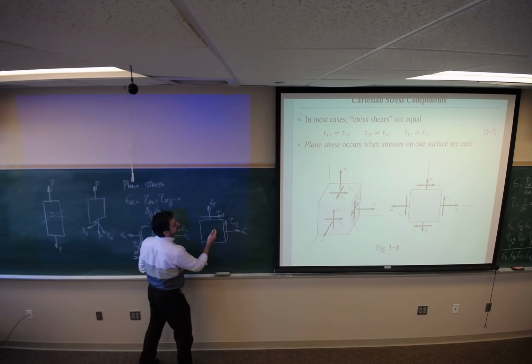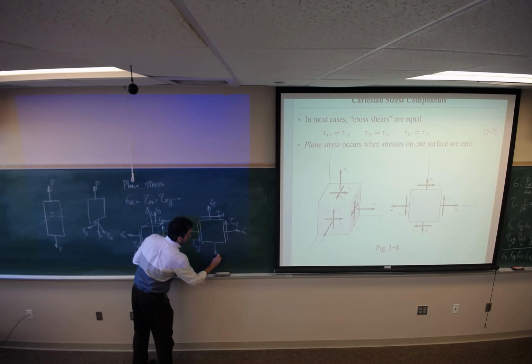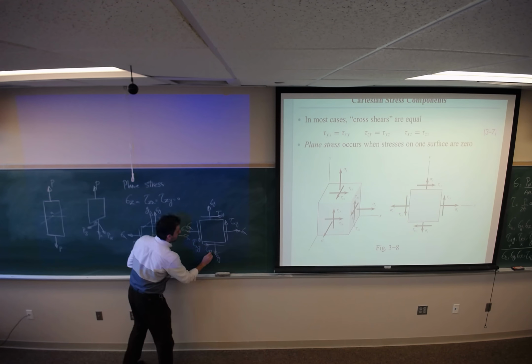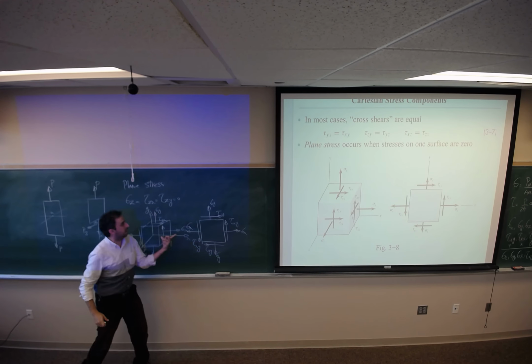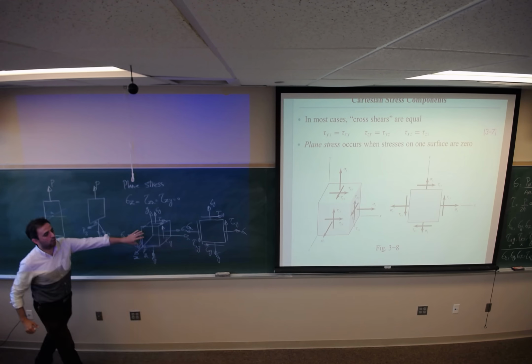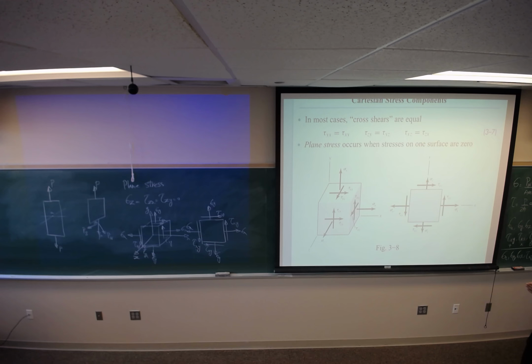I'm just using the same subscript for this. And it's gonna look like this. So this one is gonna represent the plane stress, but we know that the cube is gonna be the state of stress when we have a plane stress.